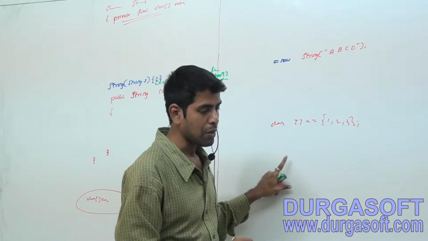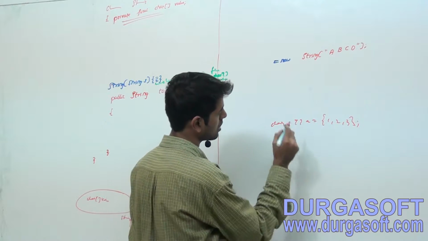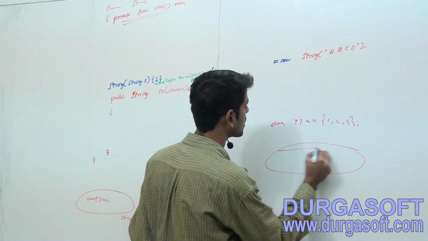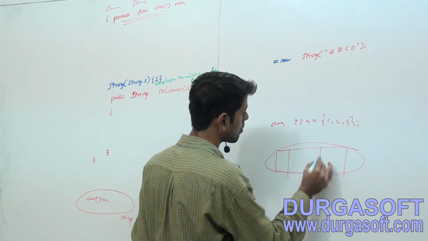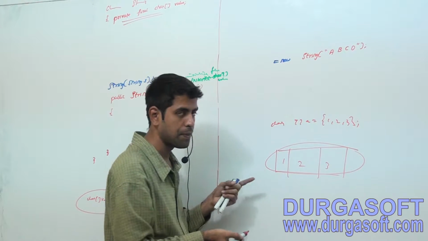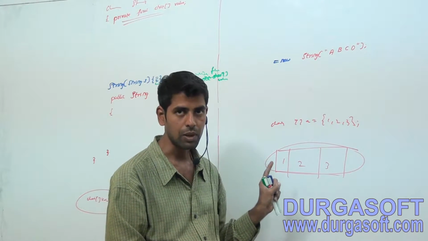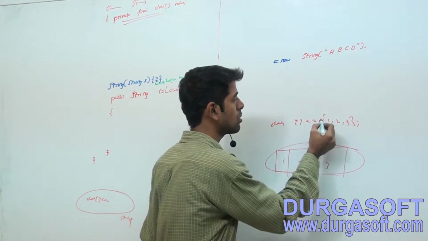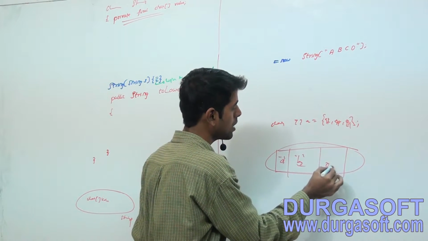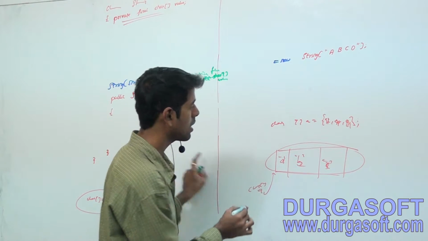What is the memory representation? Observe here, it will be in this format. It is also an object having what? 3 blocks with data 1, 2, 3. Of course, one equivalent Unicode character will be available. If you have doubt, put 97, 98, 99. So small a, small b, small c, and a will be referring to this object which is a char array.